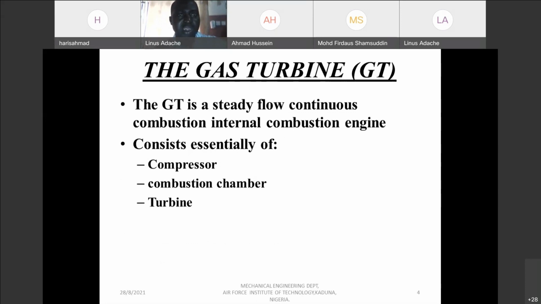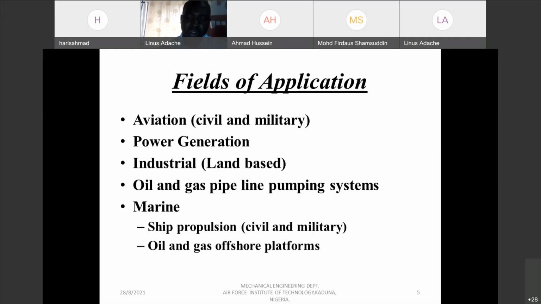What is a gas turbine? A gas turbine is a steady flow, continuous combustion internal combustion engine. It consists essentially of one compressor, combustion chamber, and turbine. Fields of application, that is, areas of application: one, in aviation, civil and military.